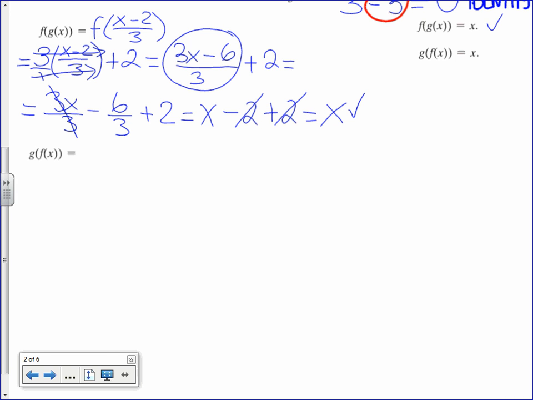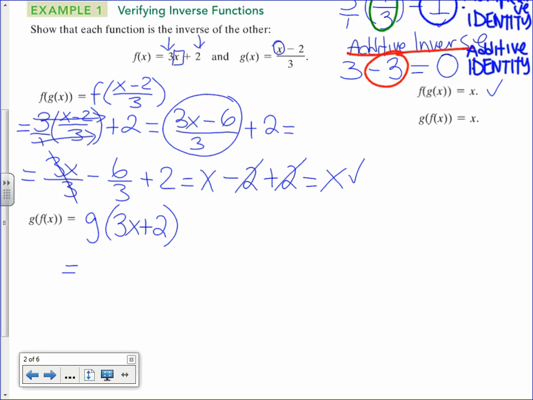Now the second condition, we're going to compose g with f. In this case, it will be g of function f, and function f is 3x plus 2. Yes? Okay. So what that means is that for function g, this little x here is going to be substituted with 3x plus 2.